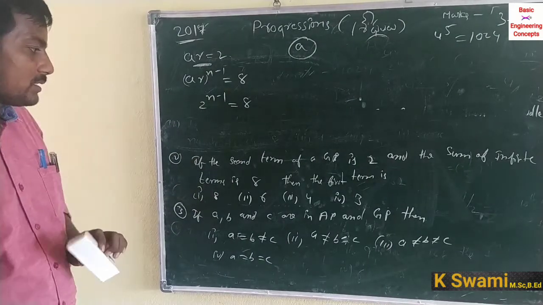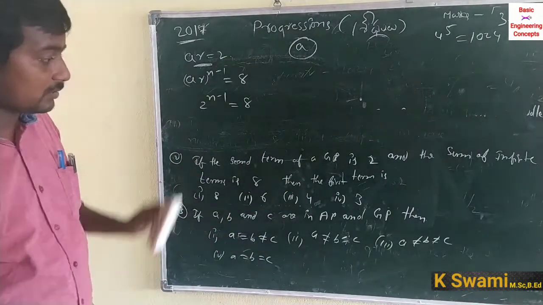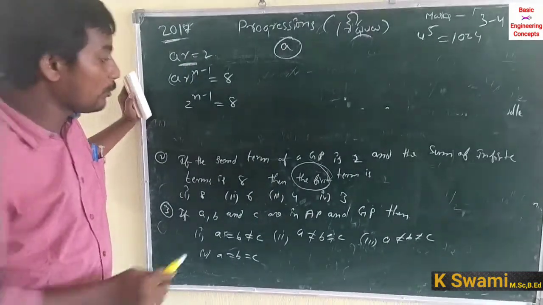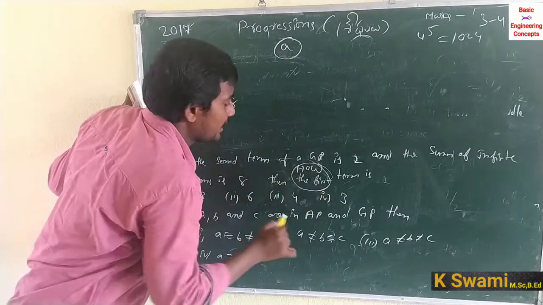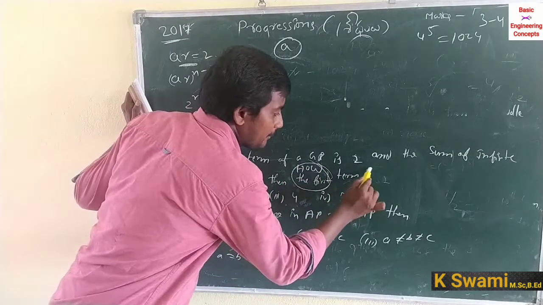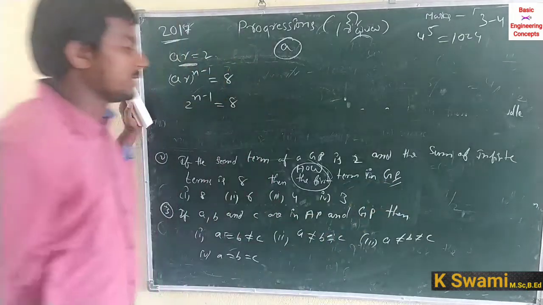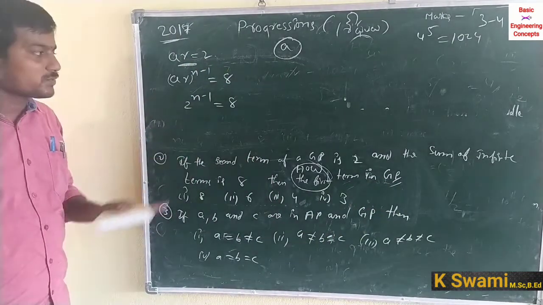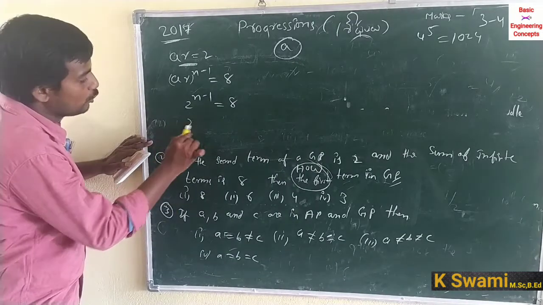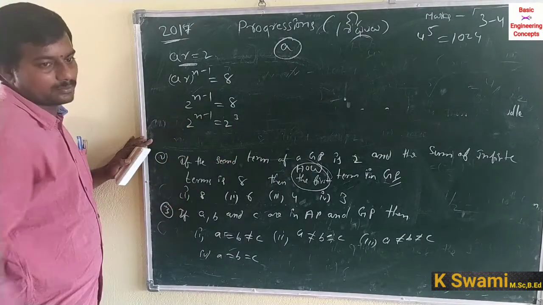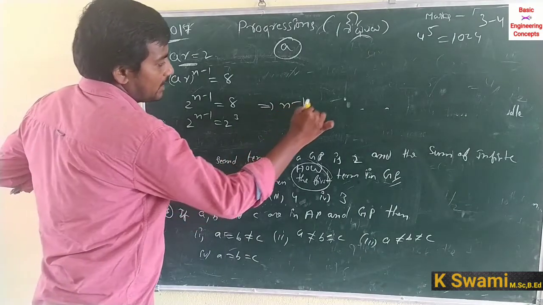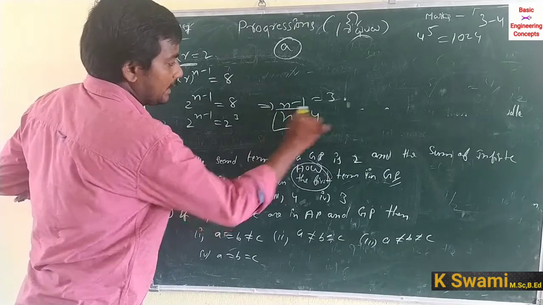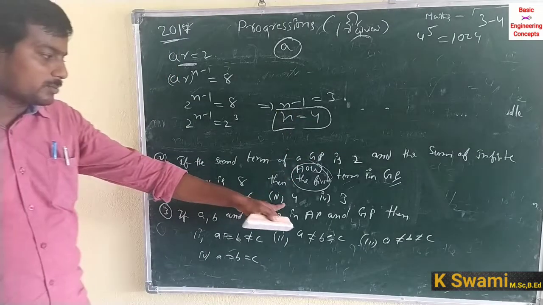Then how many terms in GP? Okay, how many terms in GP? So 2 power n minus 1 is equal to 8, that is 2 power n minus 1 is equal to 2 cube. So n minus 1 is equal to 3, n is equal to 4. The correct option is 4.